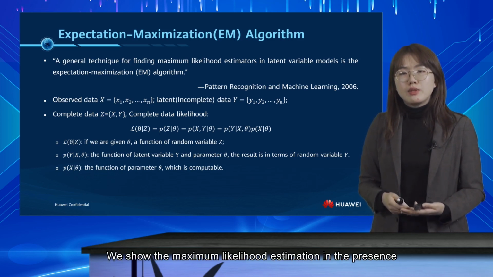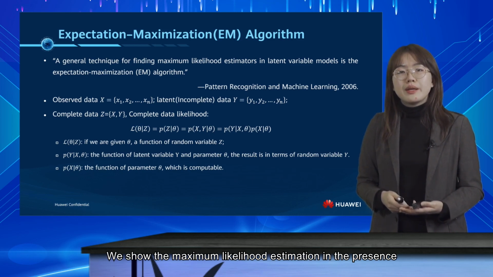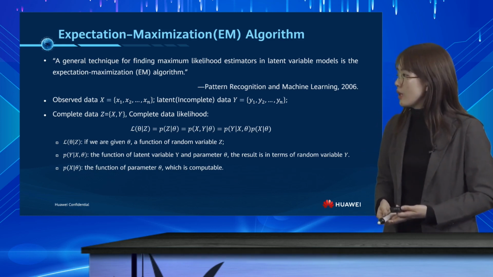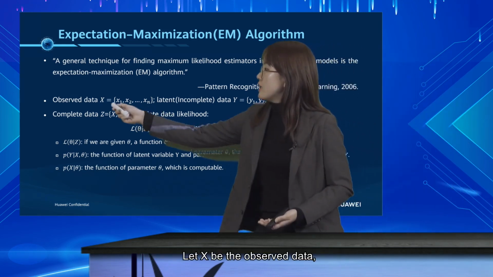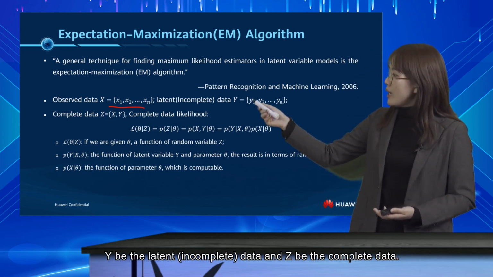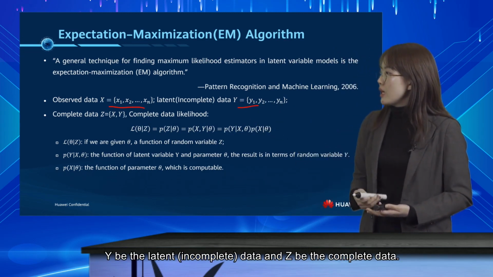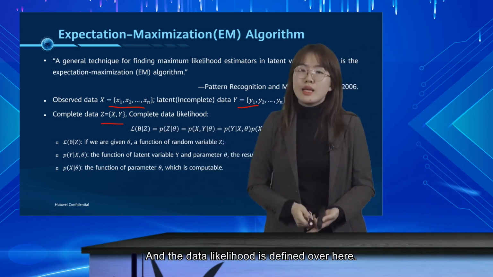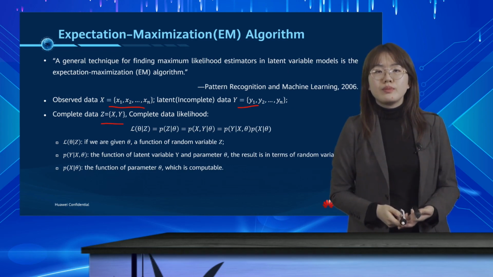We show the maximum likelihood estimation in the presence of latent variables in a mathematical way. Let X be the observed data, Y be the latent incomplete data, and Z be the complete data.